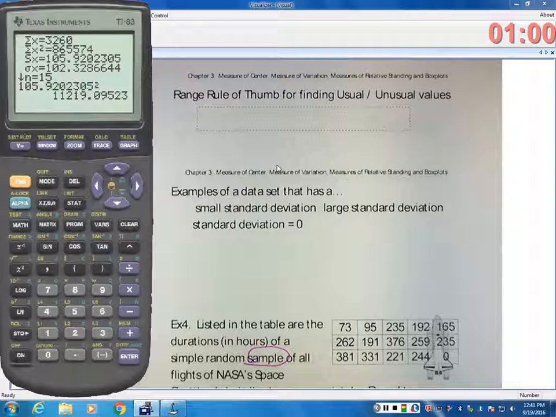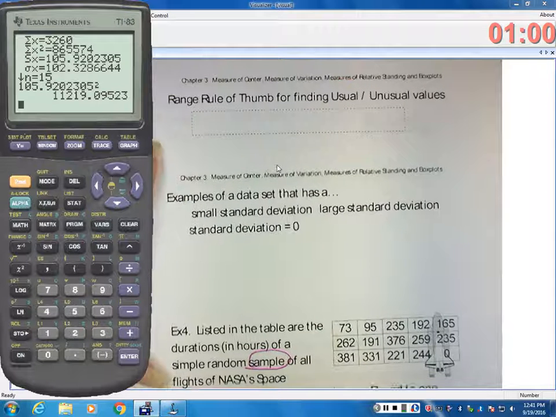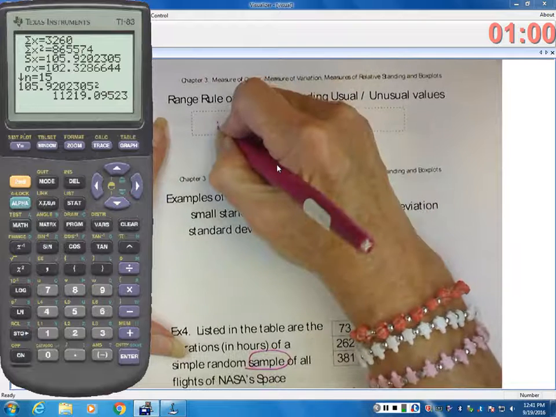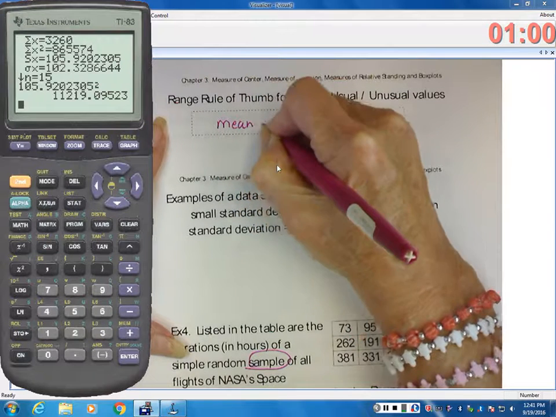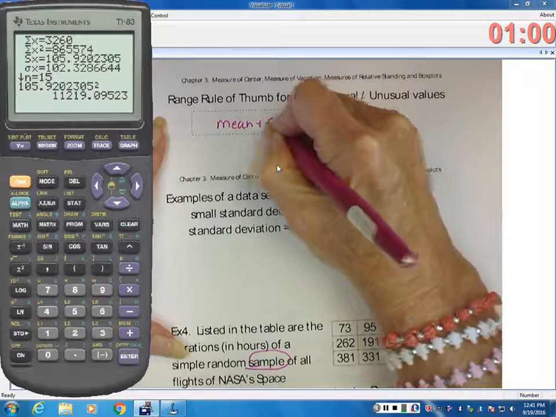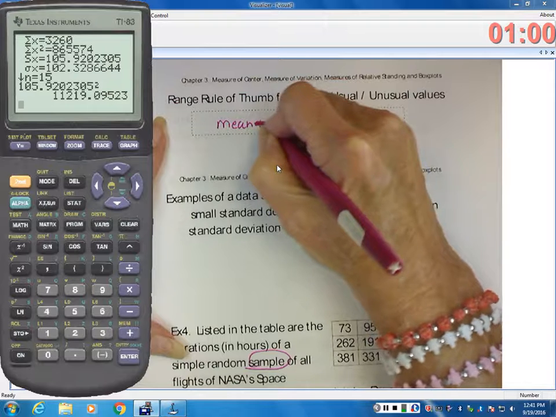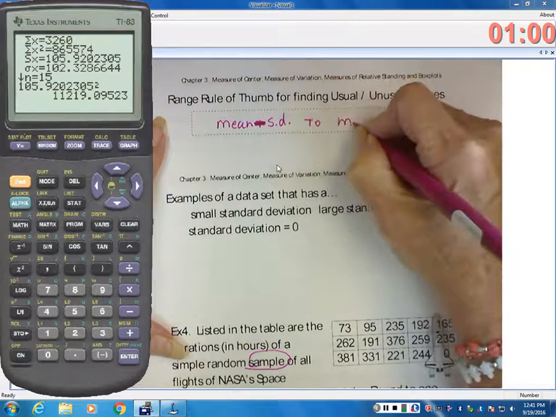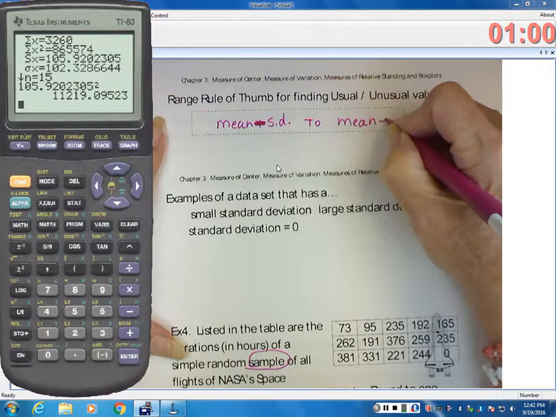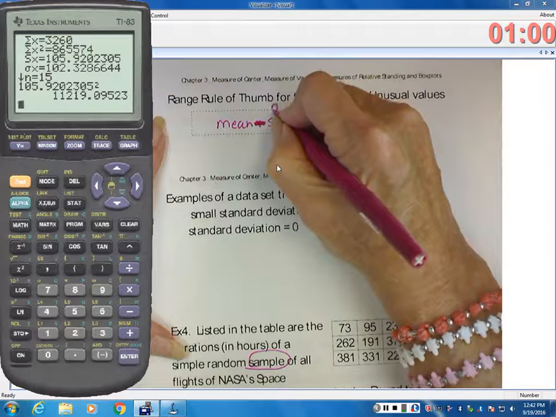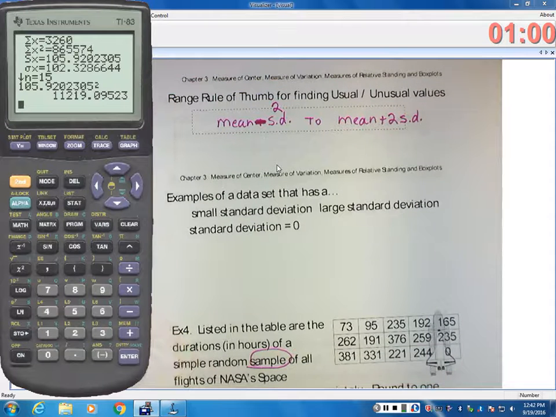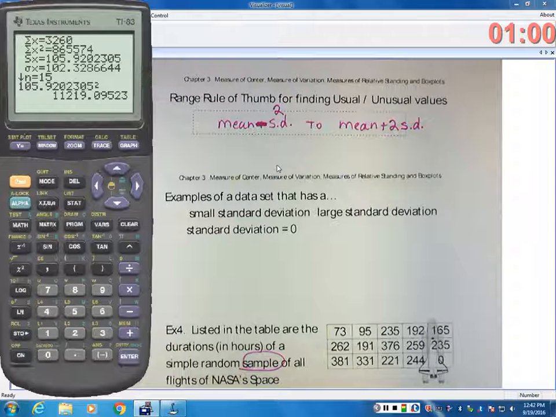The range rule of thumb for finding usual and unusual values is from the mean minus 2 standard deviations to the mean plus 2 standard deviations.